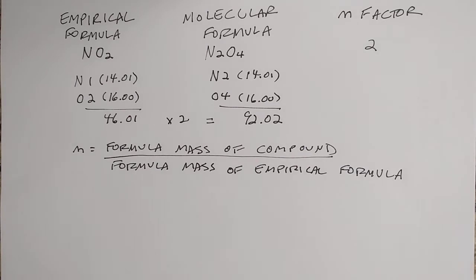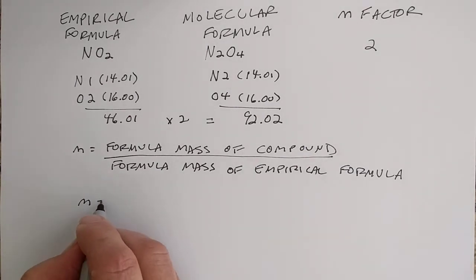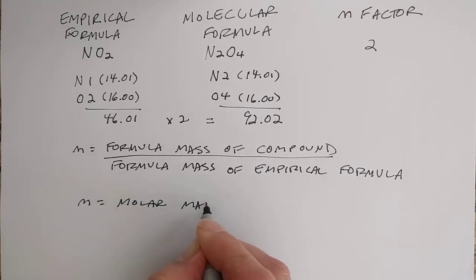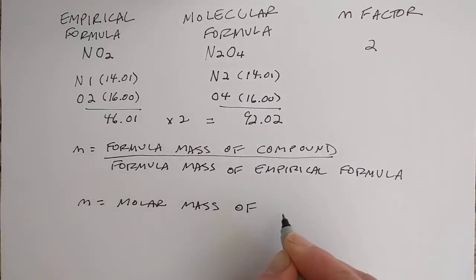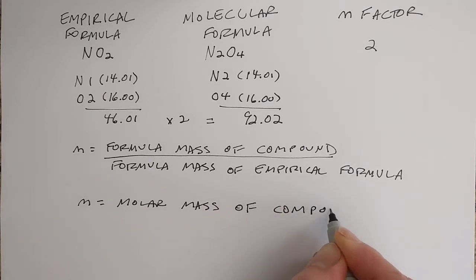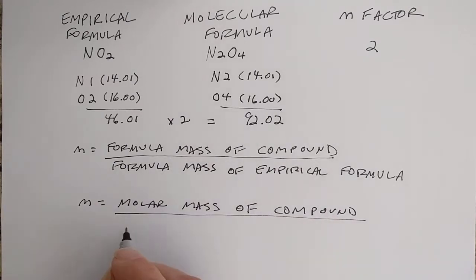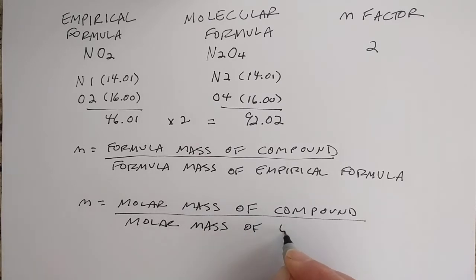And we can also put that in terms of molar mass. We can say that N equals the molar mass of the compound divided by the molar mass of the empirical formula.